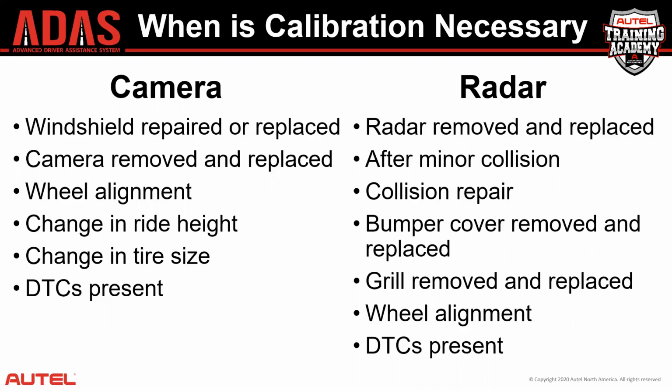A wheel alignment, we already discussed. Any change in thrust angle means the forward-facing camera and maybe, more than likely, the forward-facing radar would both need to be calibrated. Now here's something. A question comes up. A vehicle is properly calibrated. It's never been in a collision. It's never had a windshield changed.